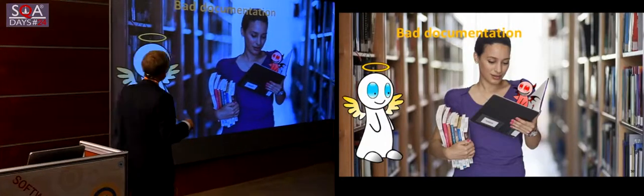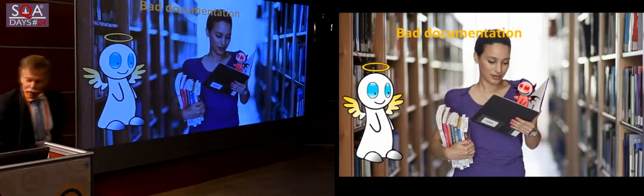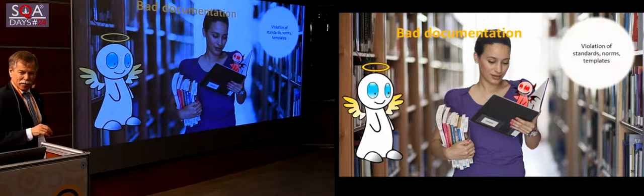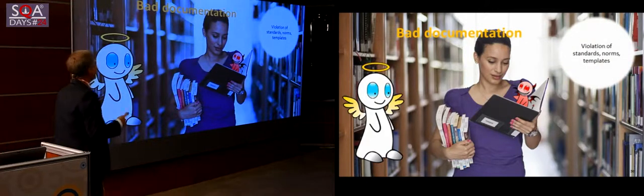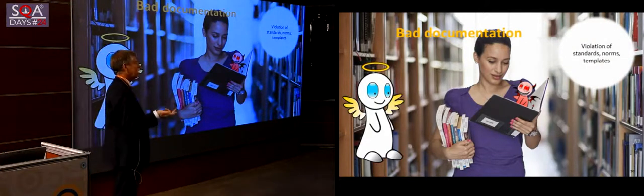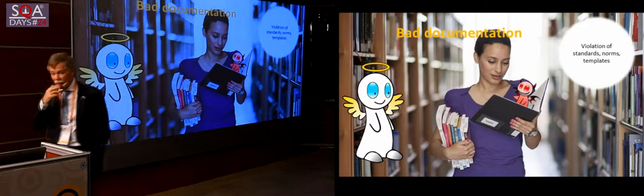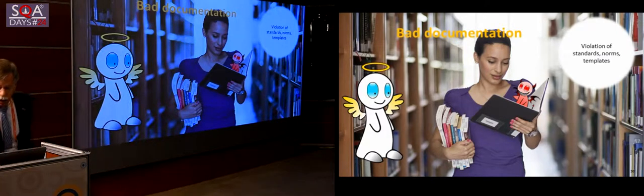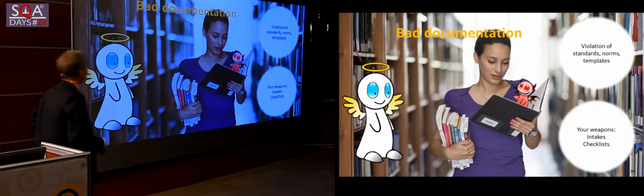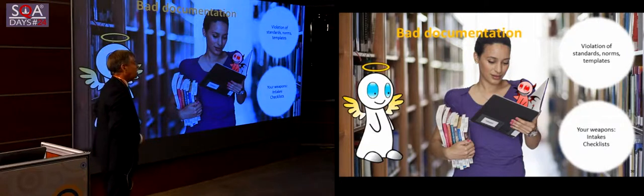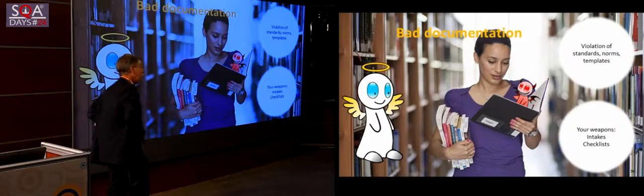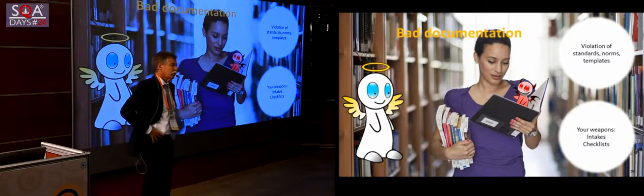Bad documentation, I told you, it's about validation of standards and norms and templates on how to get these requirements on paper or in the system or whatever. They are relatively easy. You can check. You should do a proper and thorough intake review of your input.